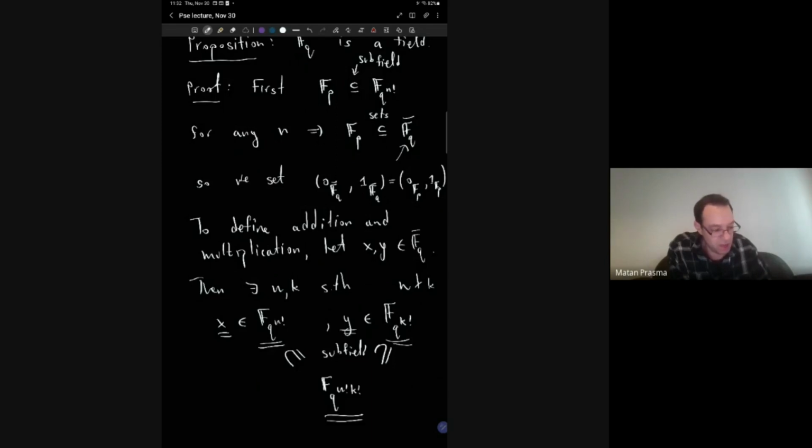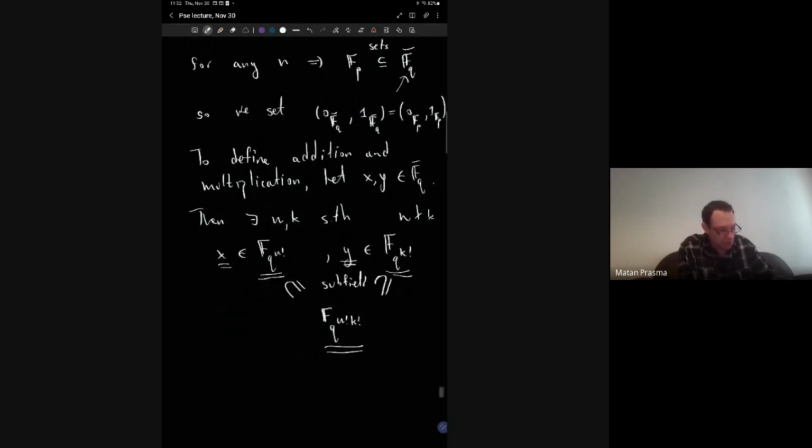So if x and y do not live in the same place, I extend enough so that they live in the same field, and then I can add and multiply them. And so addition and multiplication is defined in this way.